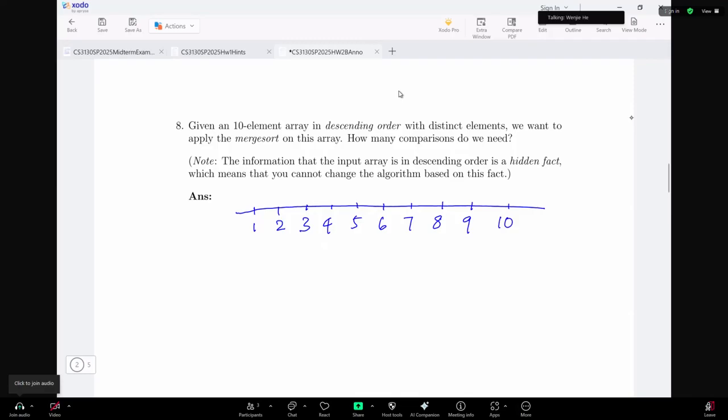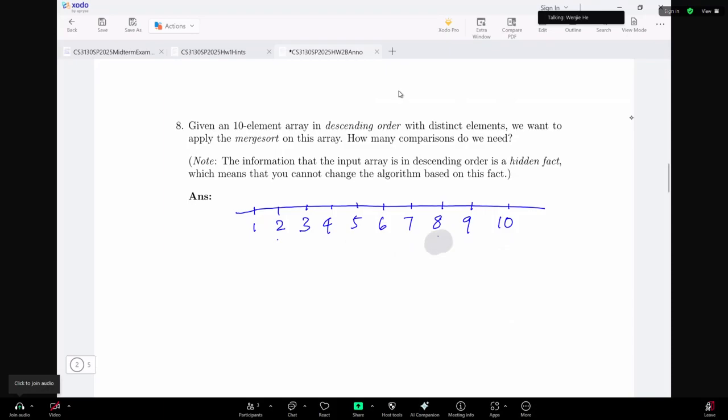Many students, based on last semester, do pairing. They do 5 pairs and then merge like that. That is different from the standard merge sort, so that's not our standard way.